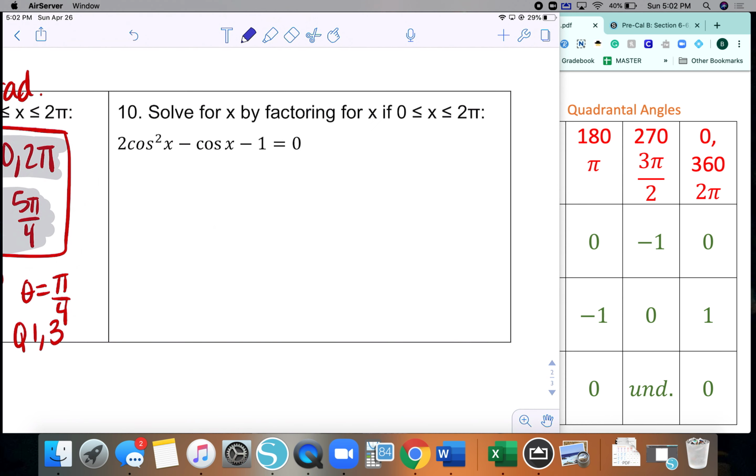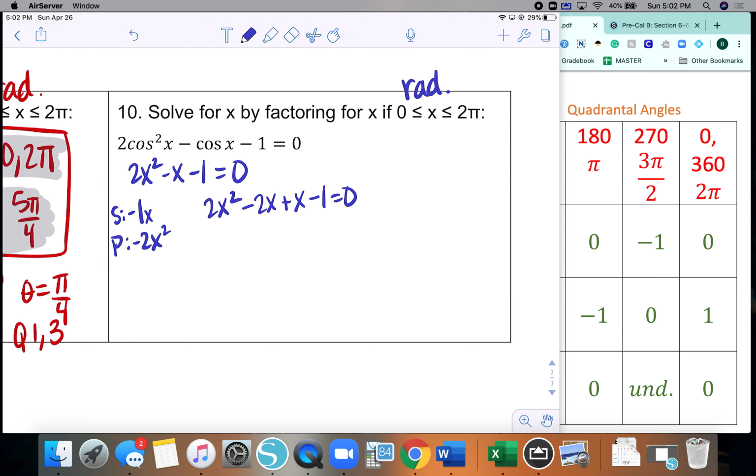This one is one we've seen before, so they want our answer in radians. We don't have a GCF, and that was kind of a mistake on that last assessment. So make sure you are factoring these completely. So I would have negative 2x and positive x.